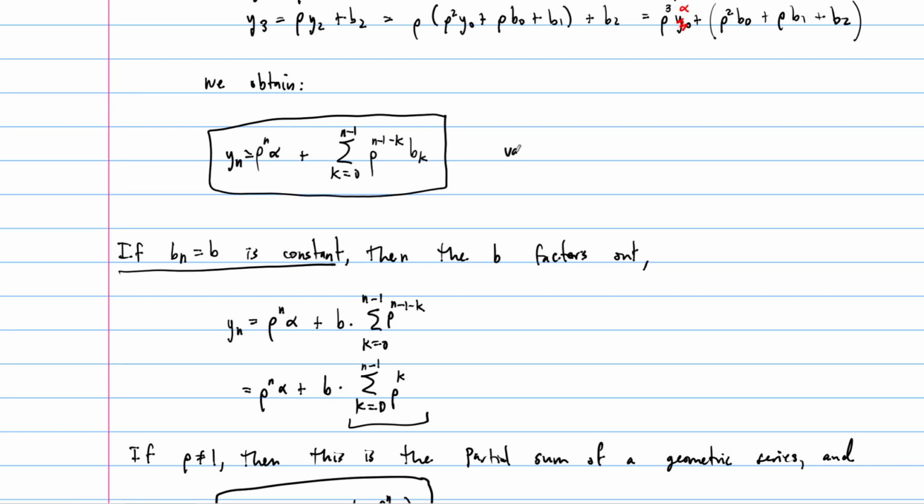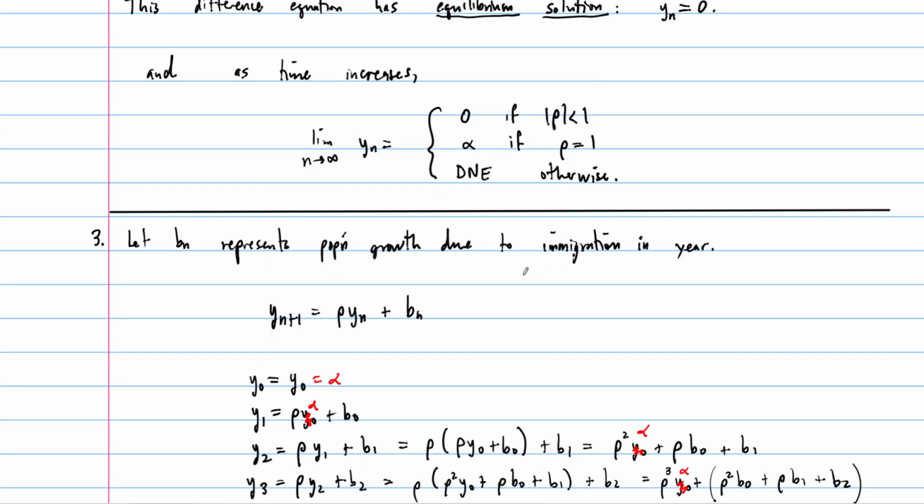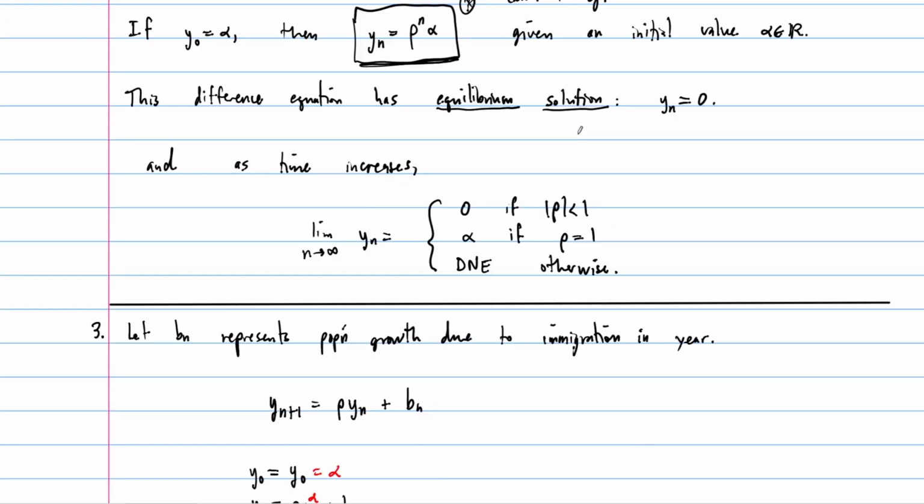This one is for variable immigration. But still, all of these that we worked out in this portion, all of these are for constant growth rate though, right? So this one right here was our constant growth rate. Okay, so those are the three formulas.